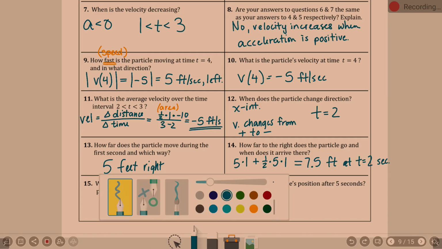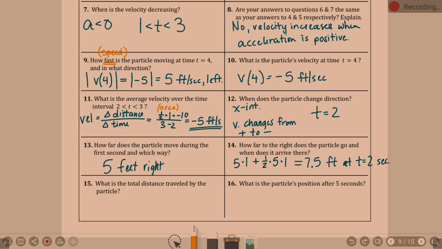Okay. 15. Total distance traveled by the particle. 7.5 feet to the left. Disagree. You're one question too soon. Total distance. Oh, it'd be 22.5 feet. And why 22.5 feet?